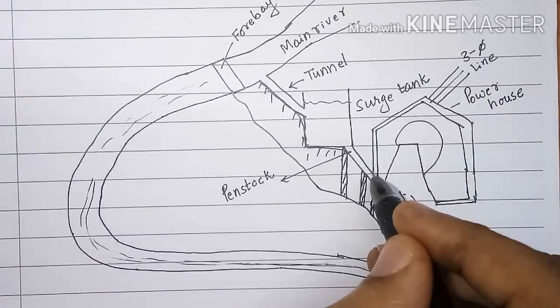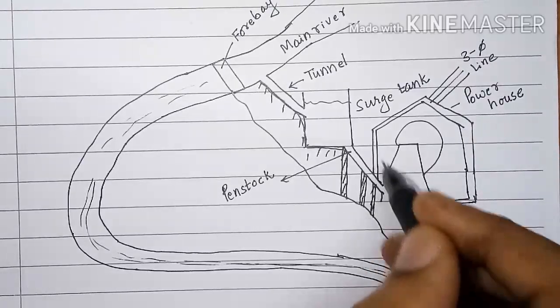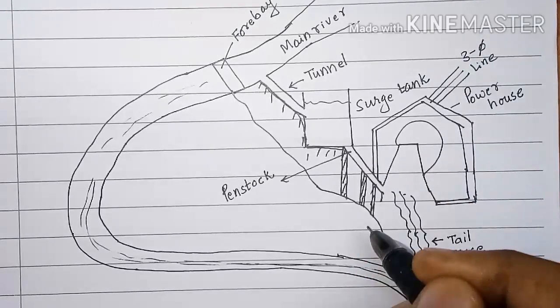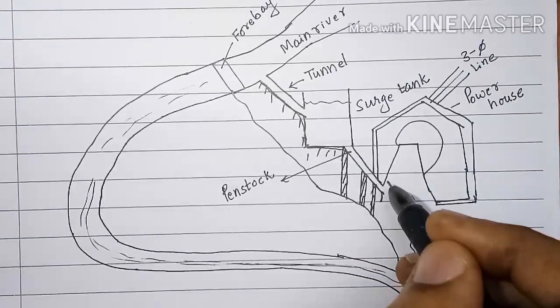So there will be a speed governor, and that speed governor I have not shown here because it will make the figure very much complicated.